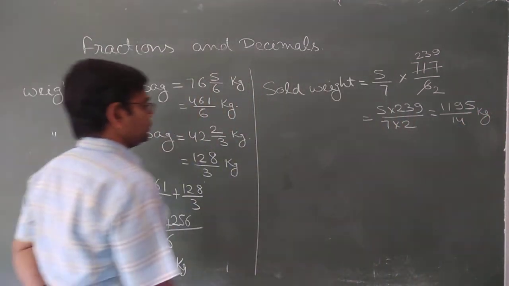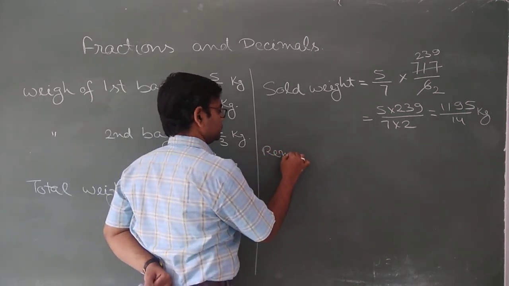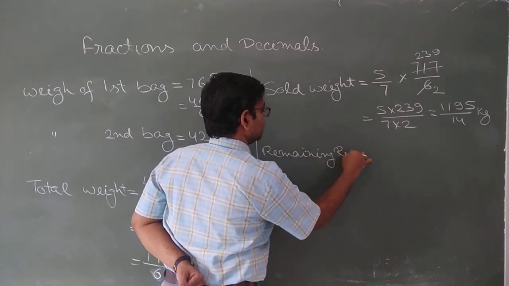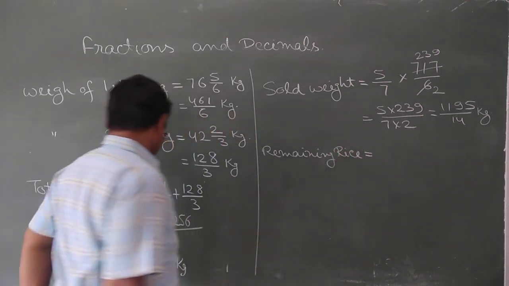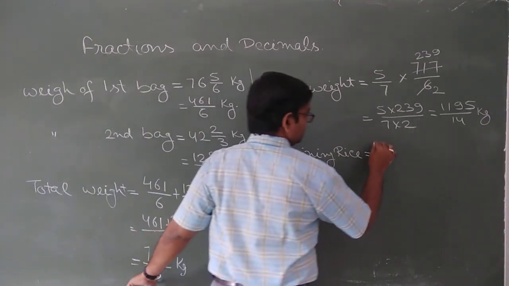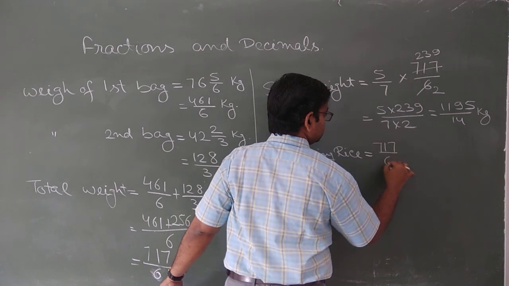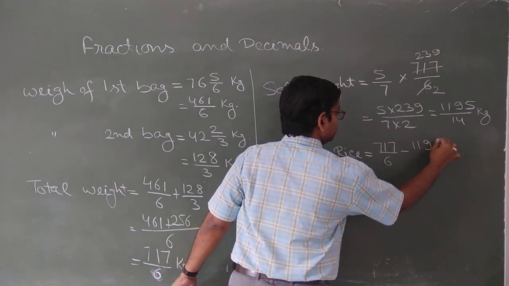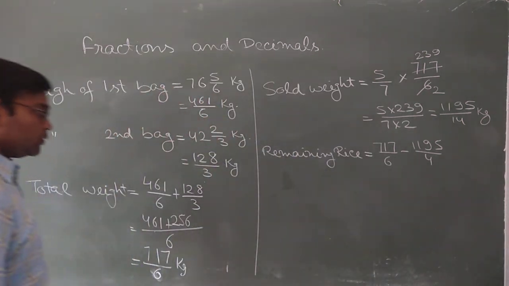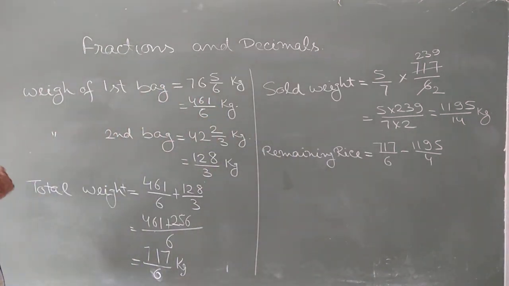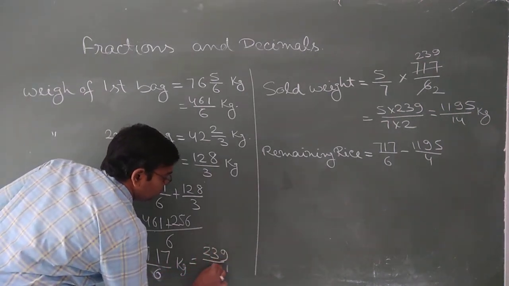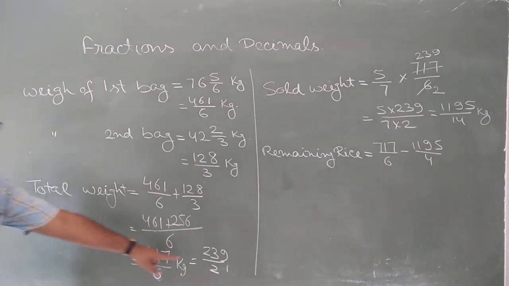So remaining rice equals total weight, this one 717 upon 6, minus 1195 upon 14. Or we can do a better thing. We can write this as 239 by 2. When we simplify these two, it's 239 by 2.